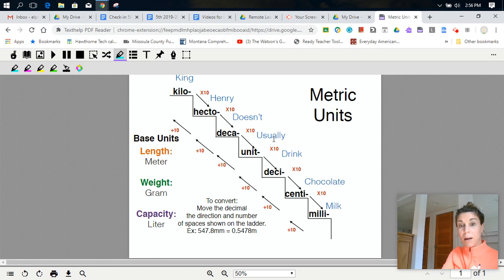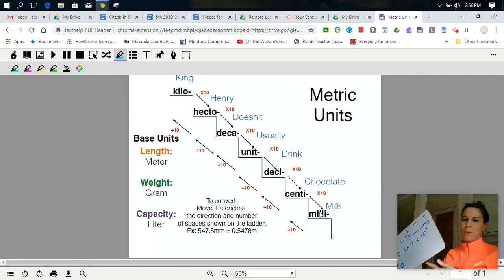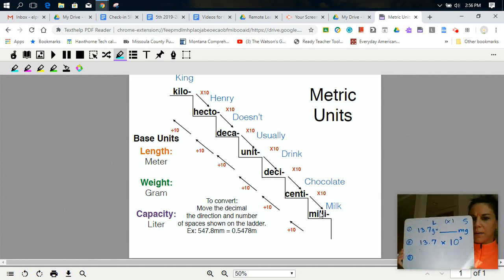I'm at gram and I went down 1, 2, 3 to milligram. So 3 steps, right? Instead of writing 10 times 10 times 10, which I know is 1,000, we're just writing it with a base and exponent. So I have 13 7/10 times 10 to the third power. There's my second step.